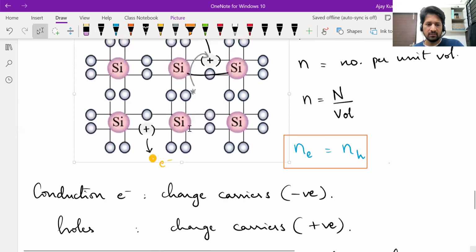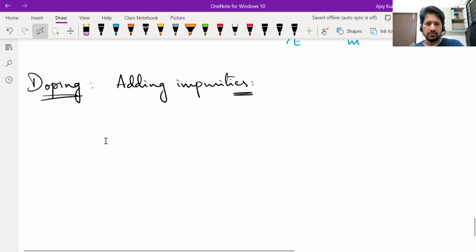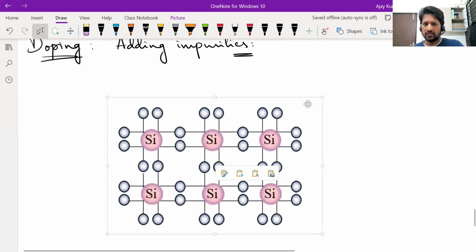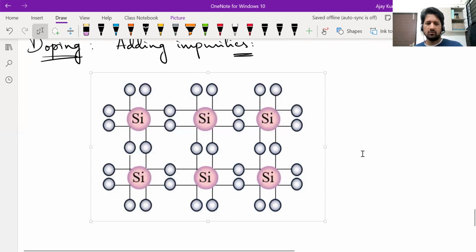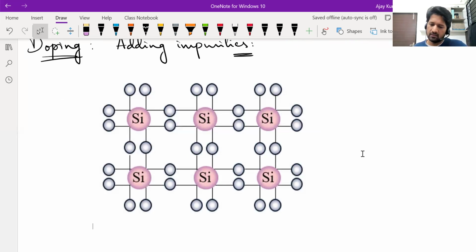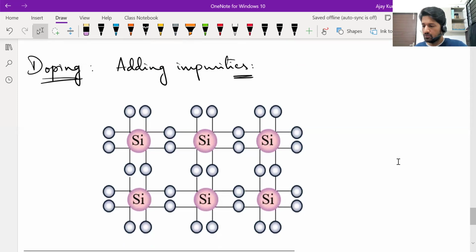Consider silicon itself. Silicon valency is 4, so it tends to form 4 bonds with the surrounding silicon atoms. Now, atoms which are similar in size to silicon can be used to replace these silicon atoms.